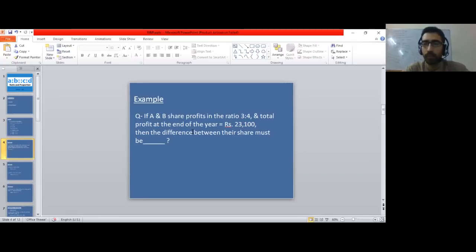Absolutely. It is 3,300. Is everybody clear with this? It's very simple. Because of course, if A and B are in the ratio 3 is to 4, then I can take A as 3K, B as 4K, which means total comes out to be 7K.